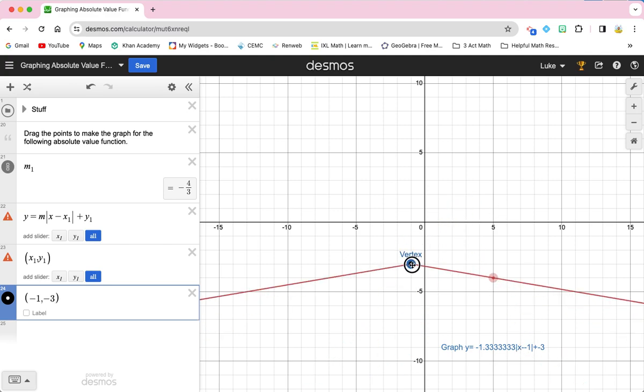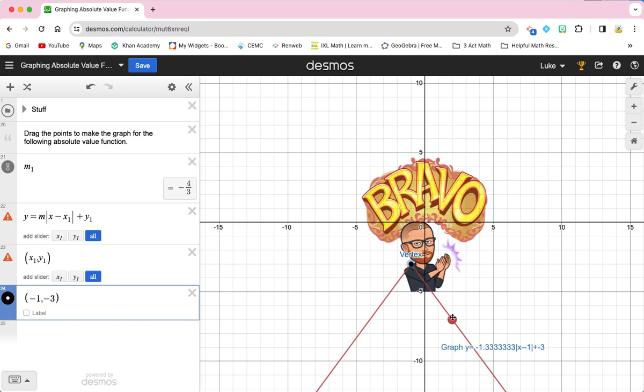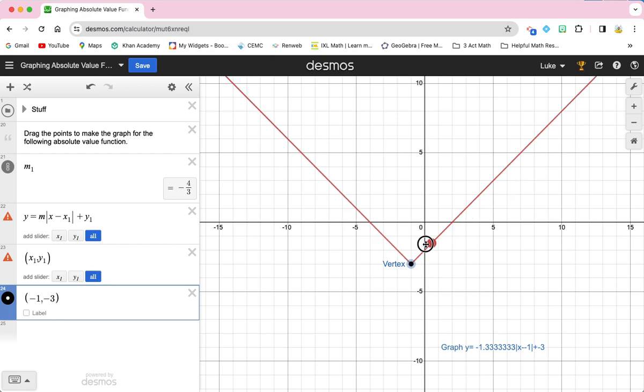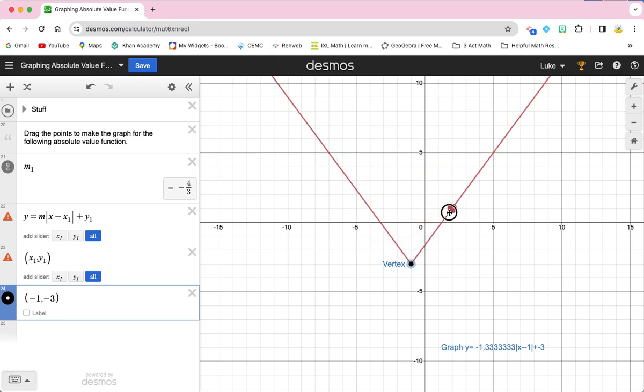So that's where our vertex is. My slope is negative 4/3. So again, I'm going to use it to the right. So go down 4 over 3. There we go. And that's it. That's how we graph these. And had it been positive 4/3, then I just have to go up 4 over 3 to the right, and that would work out. But here it was negative, so it didn't quite work that way.